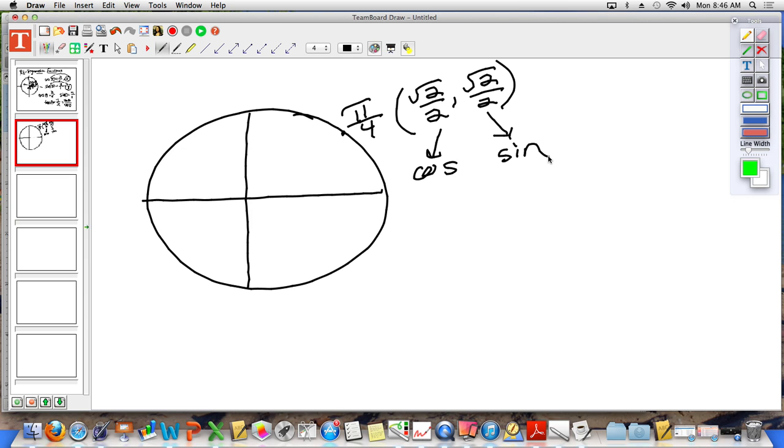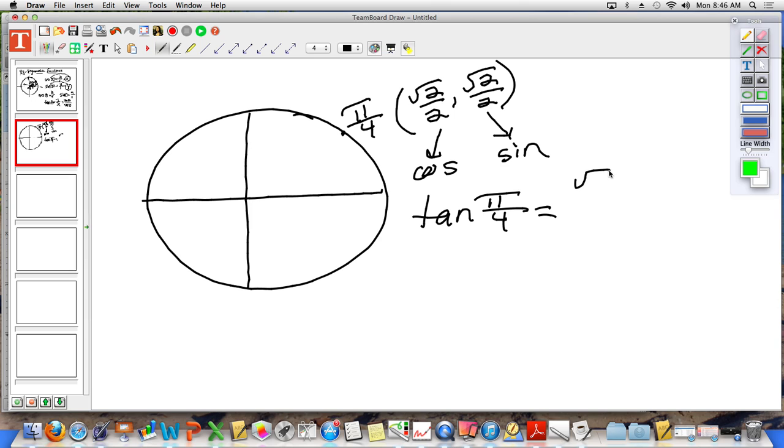So to calculate the tangent at pi over 4, what did we just say the tangent was? It is what divided by what? It is the sine divided by the cosine. So what is the sine at pi over 4?